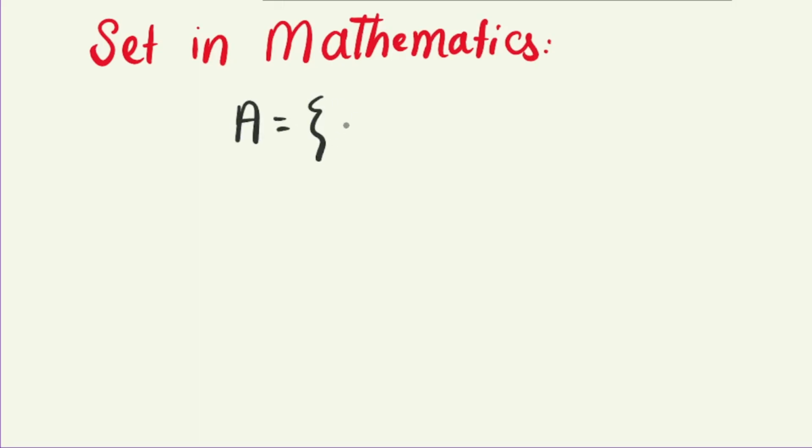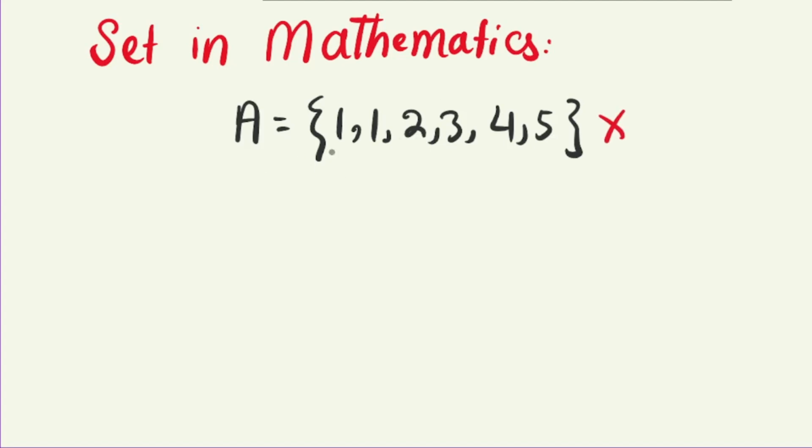Now we are going to jump into some collections that are not sets. For example, let's say I have a collection A which contains the elements 1, 1, 2, 3, 4 and 5. This is a collection of objects, but there is a repetition inside the elements, so this is not a set.